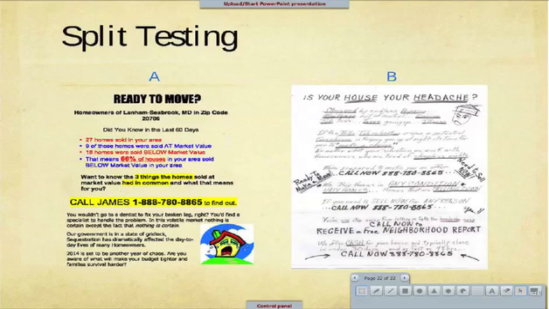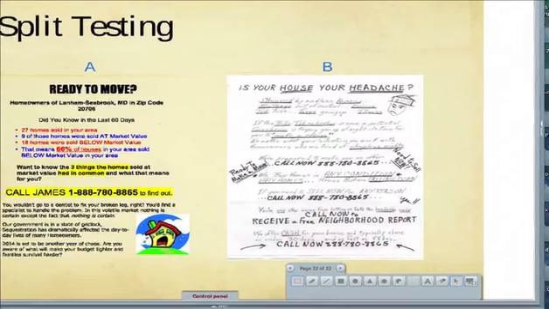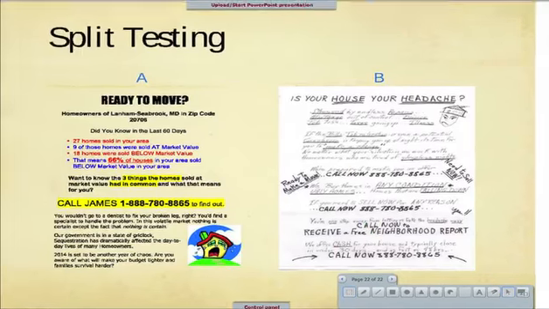And if you see here, there's actually one, two, three, four calls to action in this particular piece. So we're really hitting home what it is. We want them to see that sense of urgency. They have to call now.